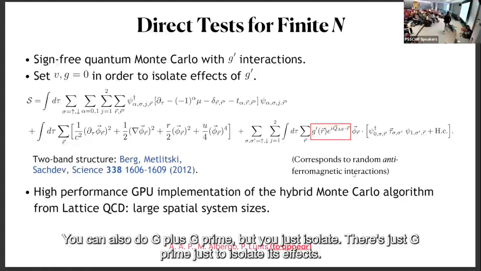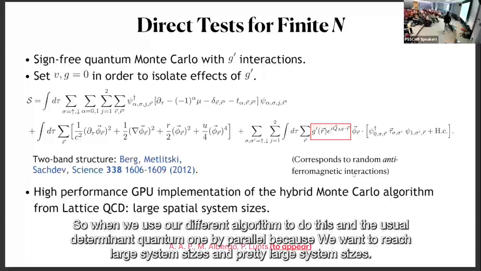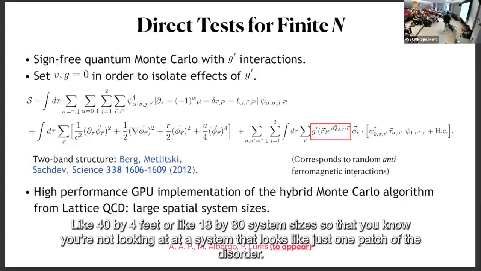to isolate its effects. We use a different algorithm than the usual determinantal quantum Monte Carlo because we want to reach pretty large system sizes, like 40 by 40 or 80 by 80, so that you're not looking at a system that looks like just one patch of the disorder.